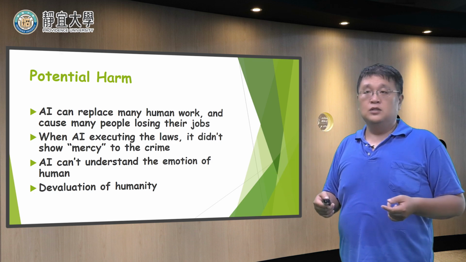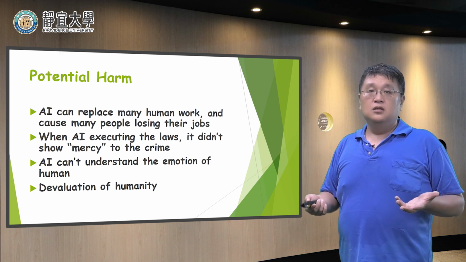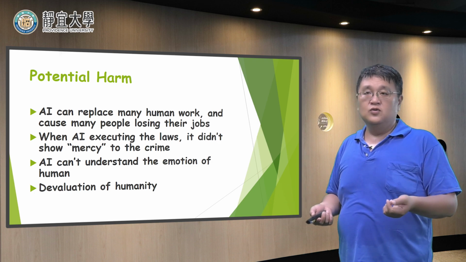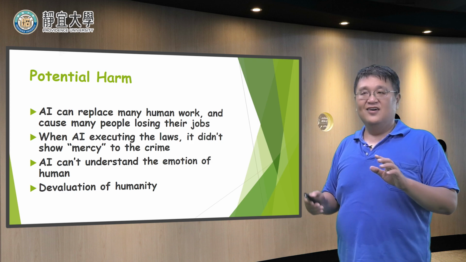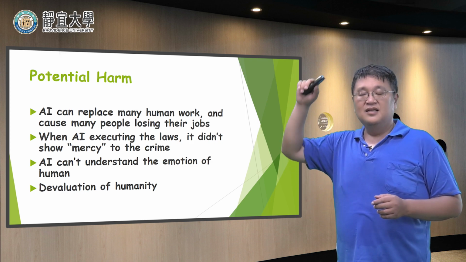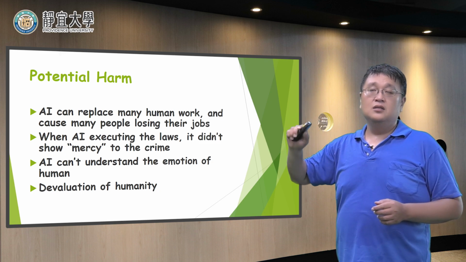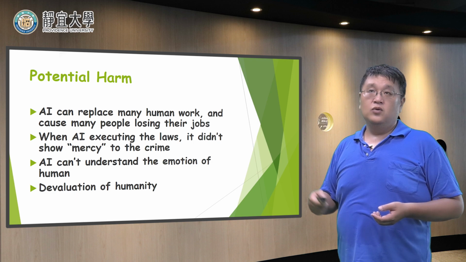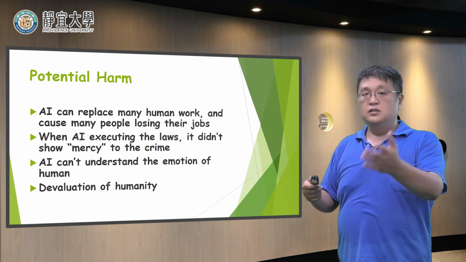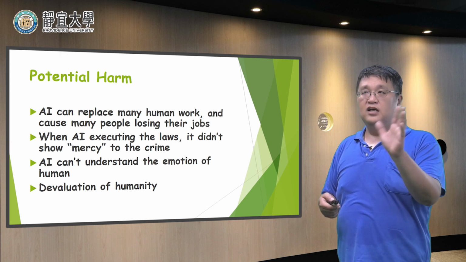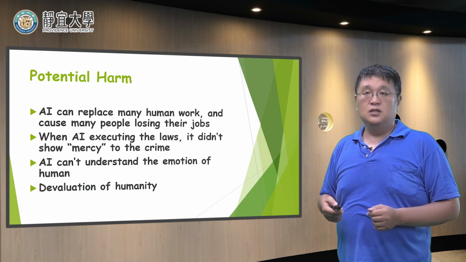When we talk about the law, the judge will tell you your crime is a crime, but we can reduce the punishment, reduce the penalty. But when you use AI judgment, they are not talking about mercy.